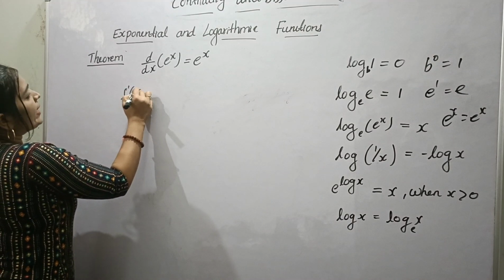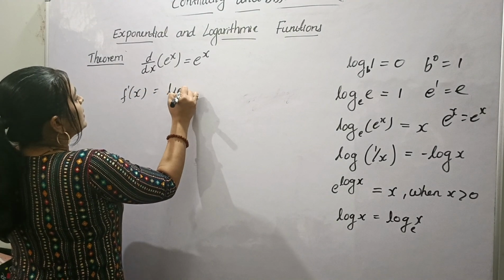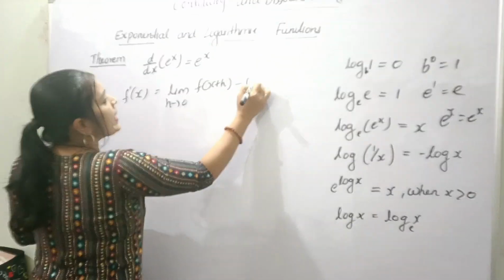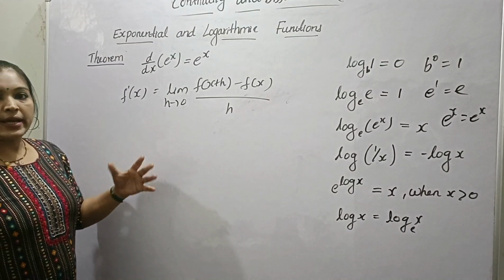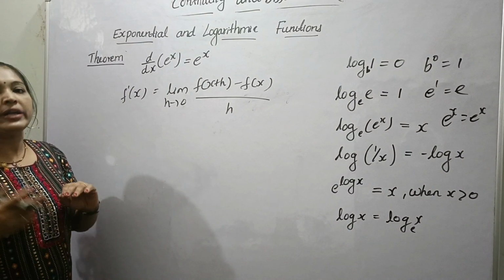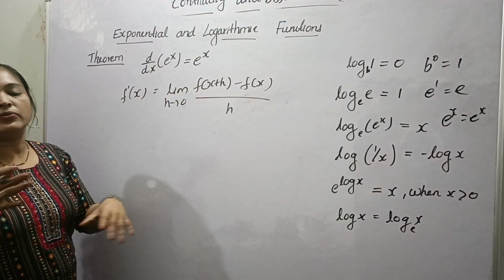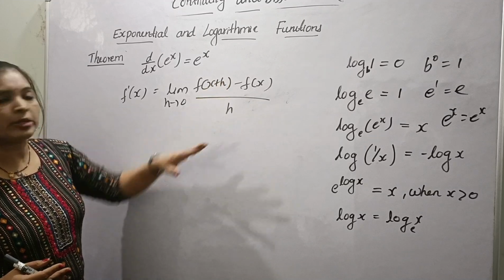We know that f dash of x is equal to the limit as h tends to 0 of f of x plus h minus f of x divided by h. We learned that if we want the derivative at x equal to c, then in place of x we write c: f of c plus h minus f of c divided by h.